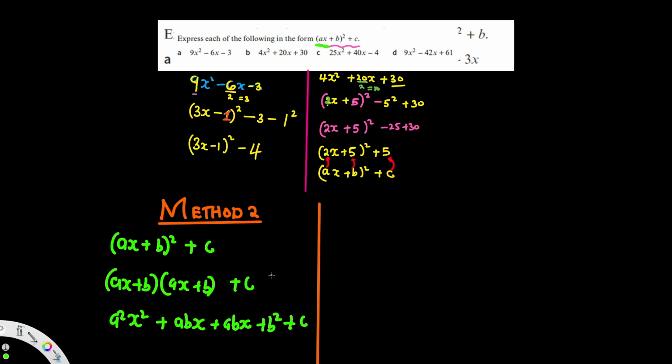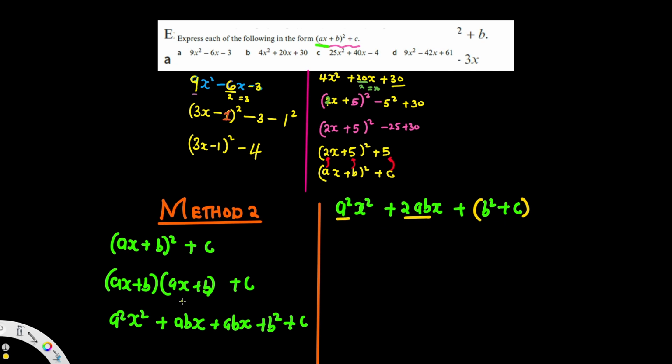So you can see now the expression that we have is going to be a squared x squared plus 2abx plus b squared plus c. So if you look at this, this is a quadratic equation whereby we have different terms. This is a, this is b, this is c.